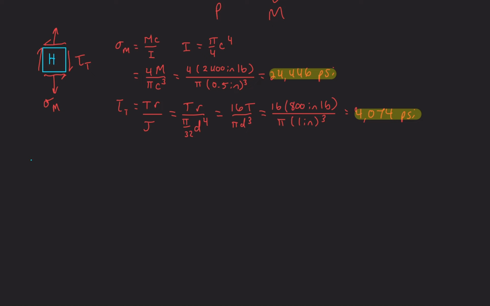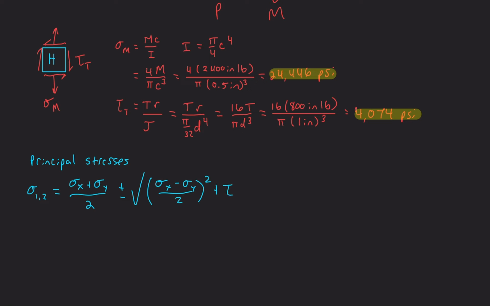So to calculate principal stresses, our principal normal stresses is equal to sigma x plus sigma y divided by 2 plus minus the square root of sigma x minus sigma y divided by 2 squared plus our planar shear stress squared.